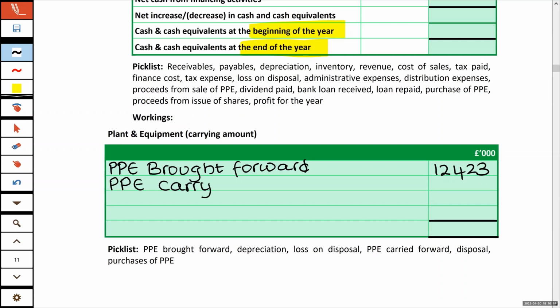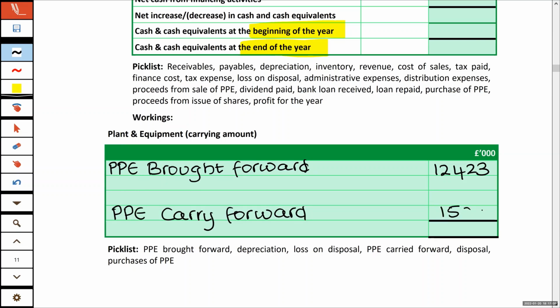In fact, I'm going to put it at the bottom, because there are other things that affect that figure. For now, I'll put that in. Okay.